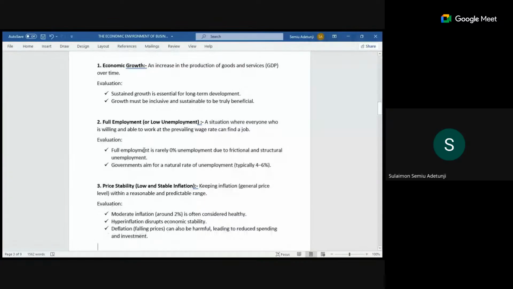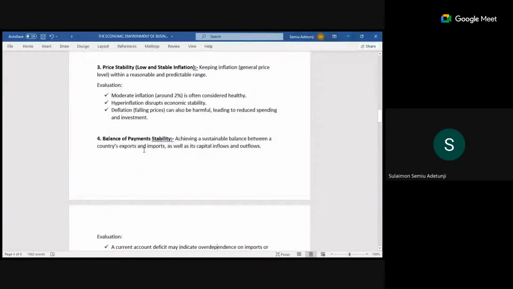So price stability is a situation whereby they are able to keep the country's inflation at a reasonable level. That is, if there's going to be an increase or decrease in it, it should be at a very minimal level. It should be at an infinitesimal rate. That is, the gap should not be too much.